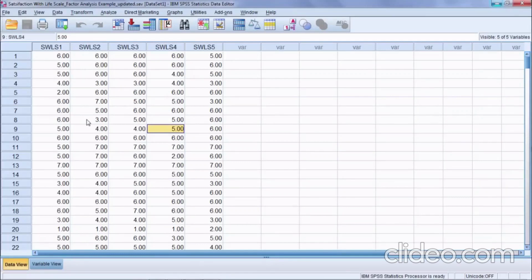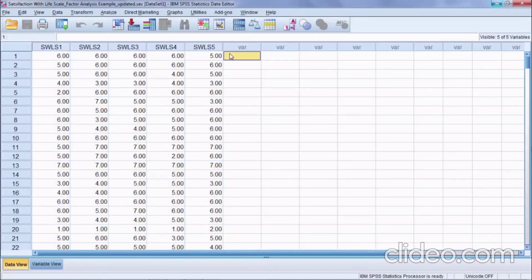So if you look here on the screen, you see that we have five variables: SWLS1, 2, 3, 4, and 5. These variables come from the items of the Satisfaction with Life Scale published by Diener et al.